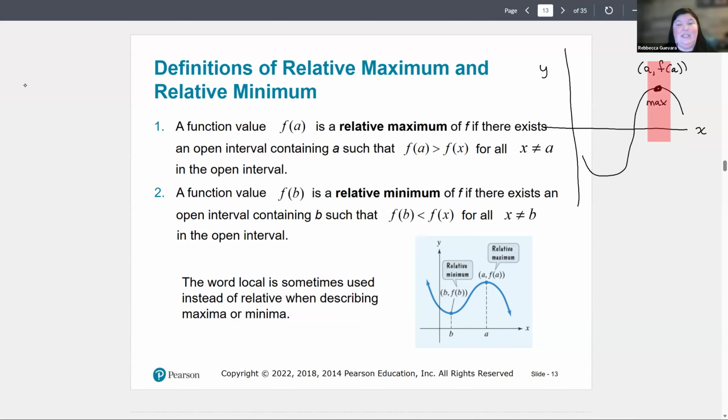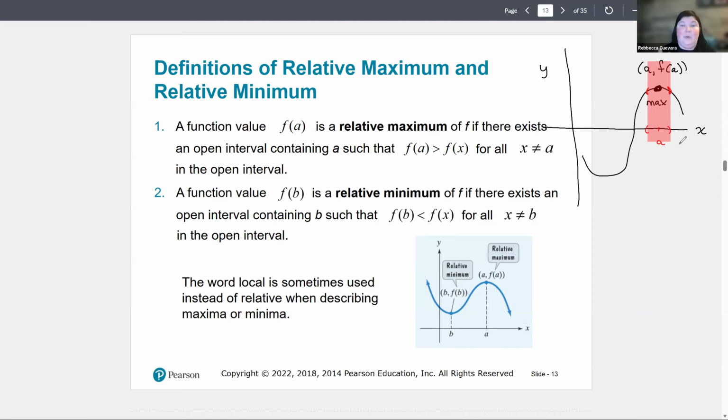So it's not necessarily the biggest in the whole area. It's in this little open interval. So there exists an open interval containing a. So this little red spot is an interval that contains a, because a is here, and then there's some x value here. So a range of x values, and a is in there.